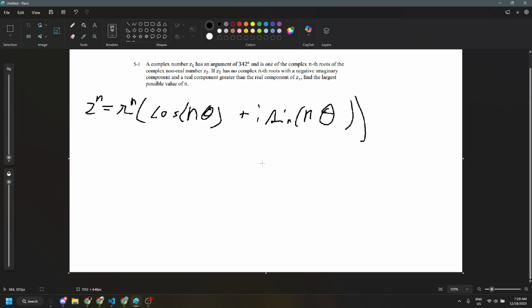So if a complex number z1 has an angle 342, and is one of the complex nth roots of the complex non-real number z2, then z2 has no complex nth roots with an imaginary component and a real component greater than the real component of z1.